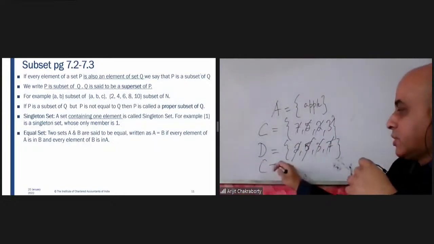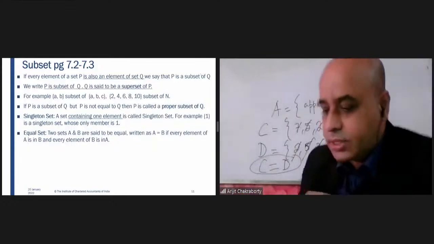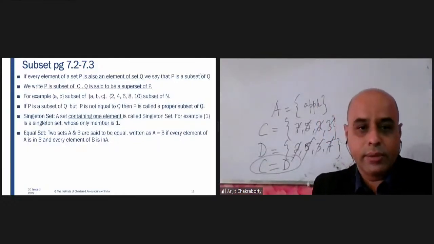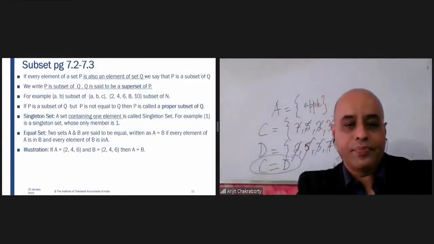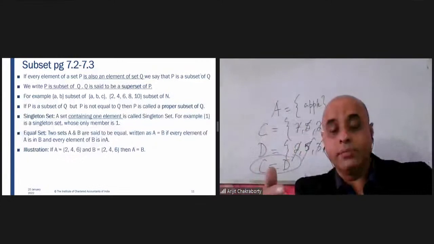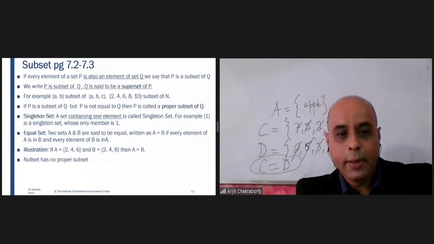So therefore set C is equal to set D because each of the elements of set C is there in set D as well. Right? So if you see the example here, set A is 2, 4, 6, set B is 2, 4, 6. Even if set B is 2, 6, 4, still we will say it is equal.